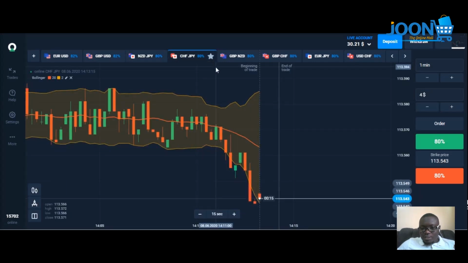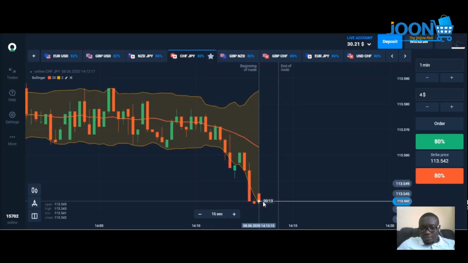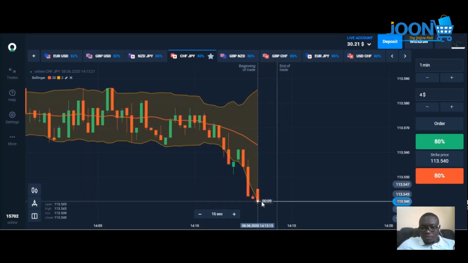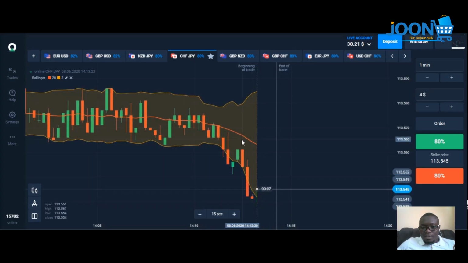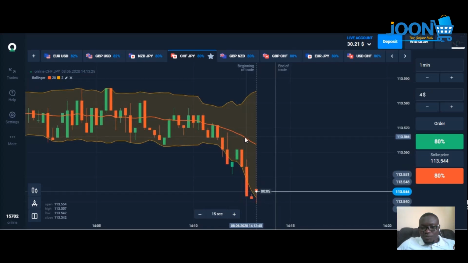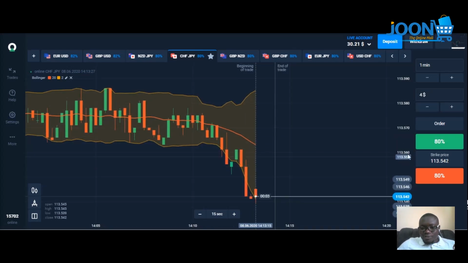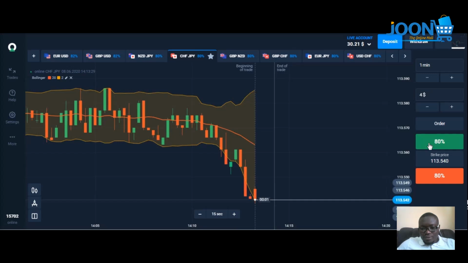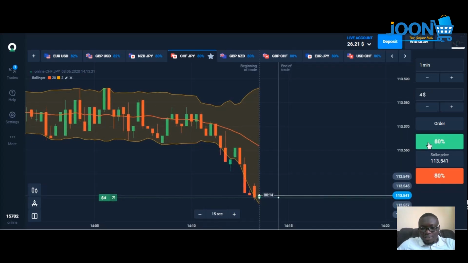Let's just move. There is a breakout here, so let's just wait for it. But you also want to be careful because Bollinger Bands also has a moving average in between that shows the direction of the assets. So let's trade there. We got it.